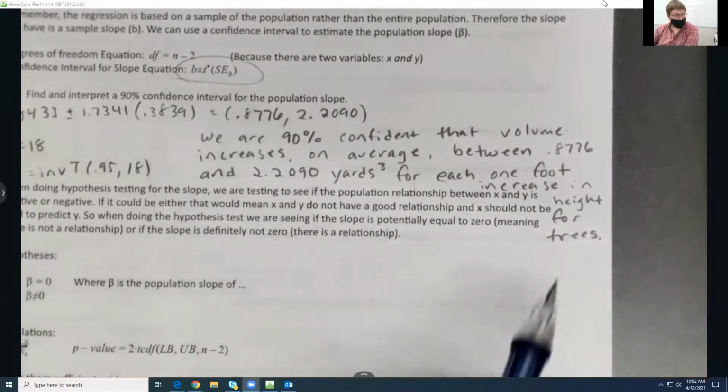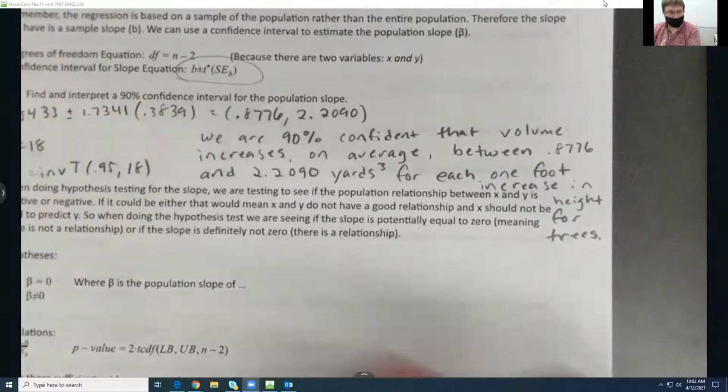So basically, we're stating the interpretation of the slope in our confidence.